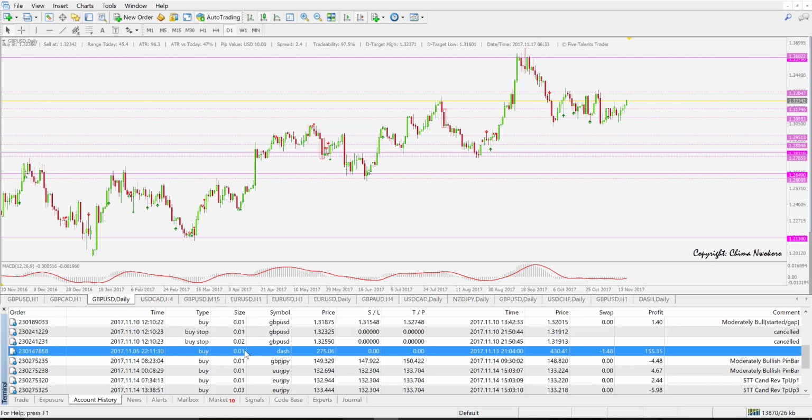But I opened a trade on this test account. It's a very small account of one micro lot on the 5th of November, and about 8 days later, that $10 trade had become $155 on the Dash, which is a cryptocurrency.